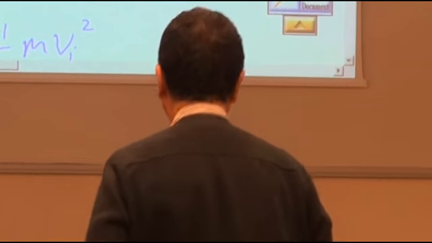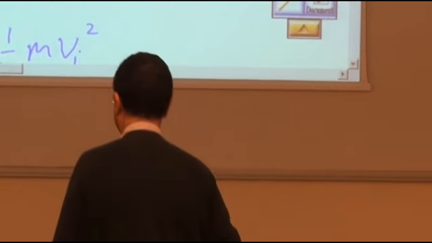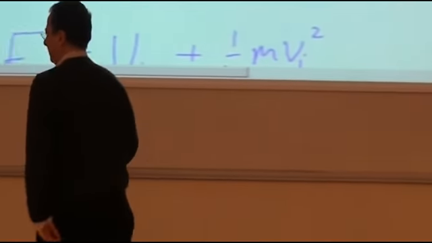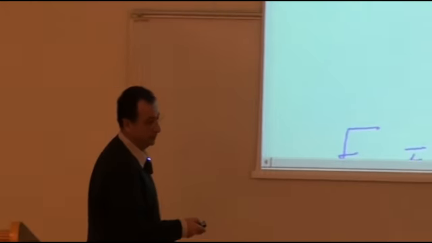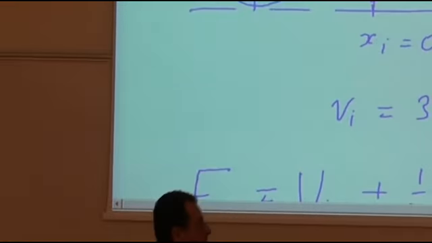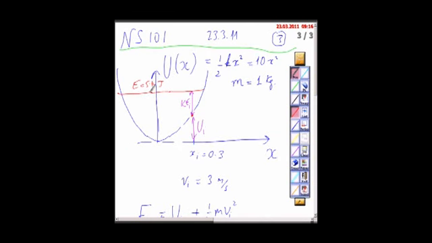Okay, let me point it out here. As I move towards the right, the potential energy is increasing or decreasing? Increasing. The total energy is fixed, so the kinetic energy is decreasing.